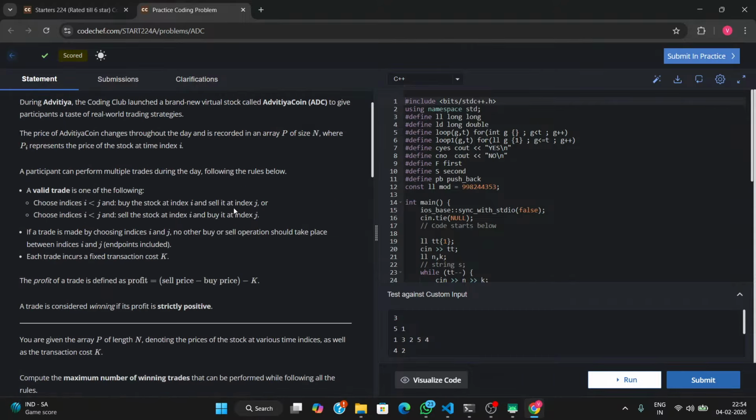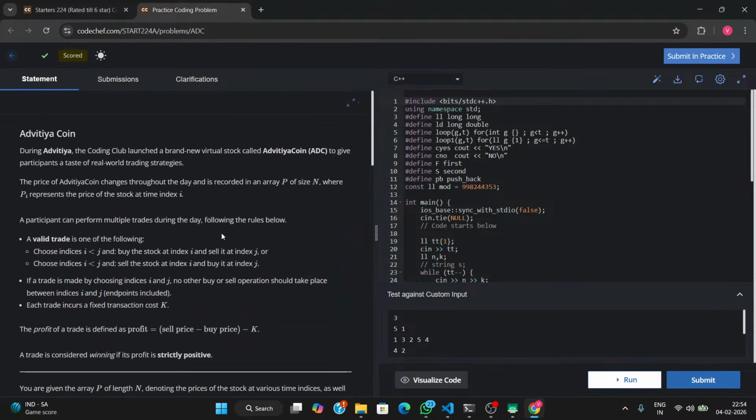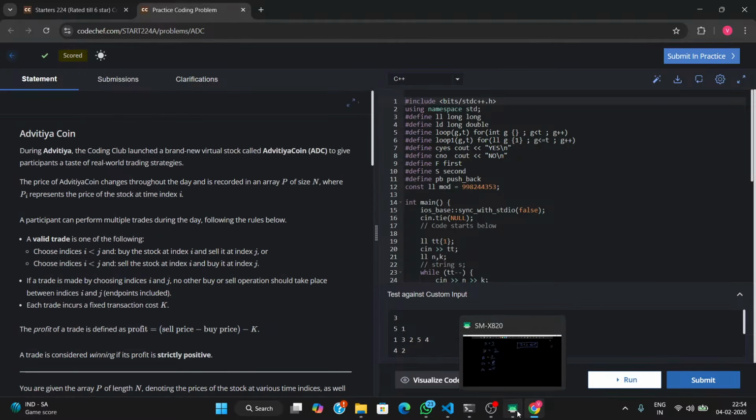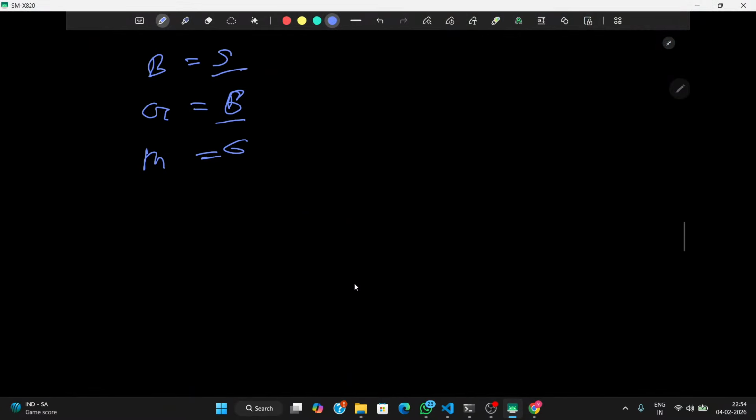So first of all, let's break down the question. First of all, we are given an array P where for all the indexes, we are given a price Pi for that corresponding time index.